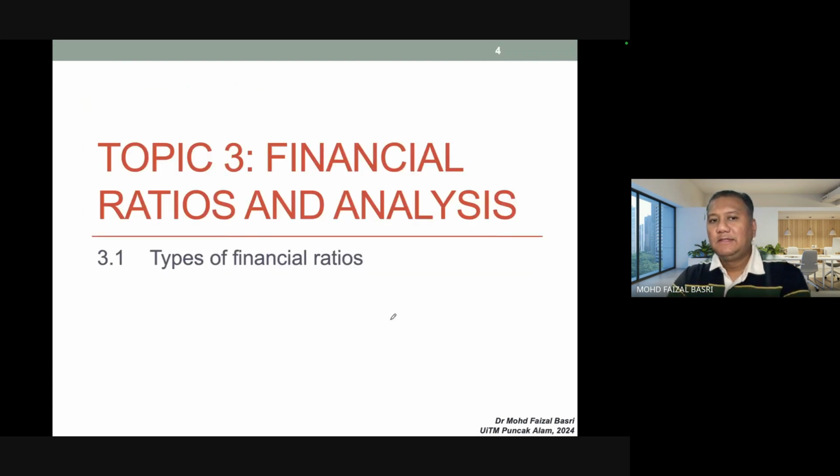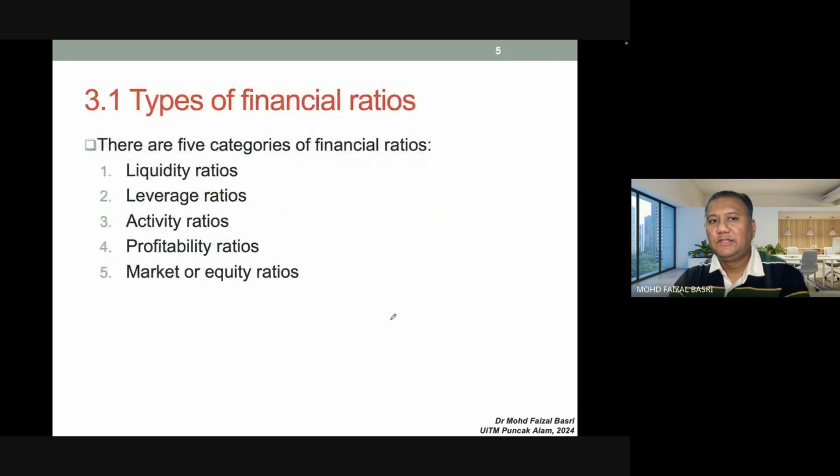So let's look at the types of financial ratios. We have 5 categories as I mentioned earlier. We have liquidity, leverage, activity, profitability, and also market and equity ratios. If I'm not mistaken, for liquidity ratios we have 3 different ratios. Then for leverage, we have 3 as well.